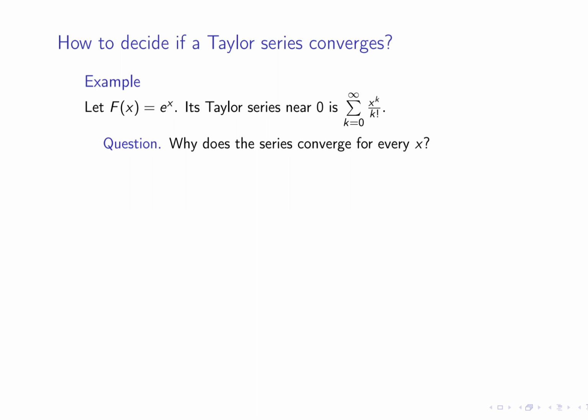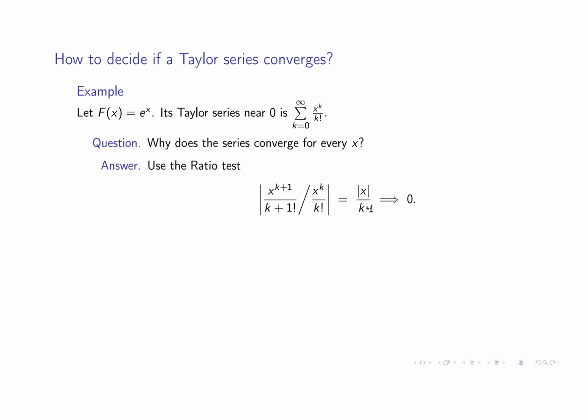And our first question: does the series converge for any x other than 0? The claim is that this series not only converges near x equals 0, but it actually converges for any real x, which is quite remarkable. The way to check it is just our familiar ratio test. For a fixed x, you make the ratio of the k plus first term over the kth term. If you do cancellation, you have lots of cancellations.